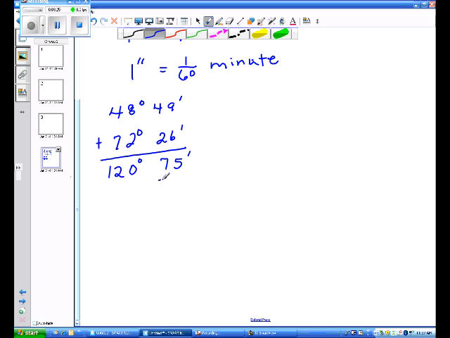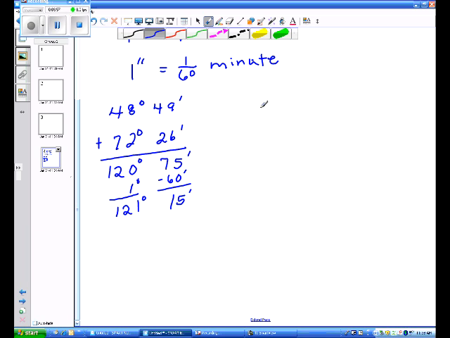We'll subtract those 60 minutes, which leaves us with 15 minutes. Those 60 minutes we change to degrees, so we'll add that 1 degree to our degrees, and that gives us a total of 121 degrees and 15 minutes. You never leave your minutes with more than 60 because that can be changed to a degree.